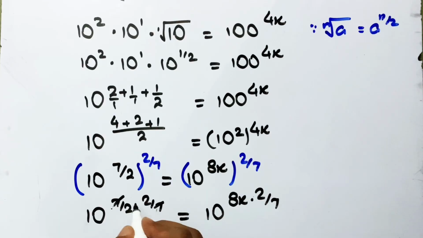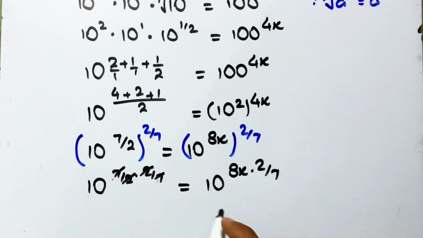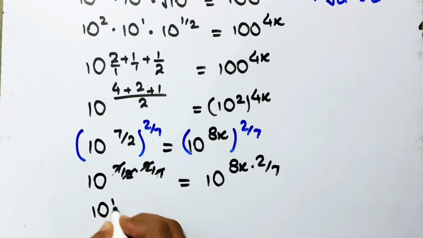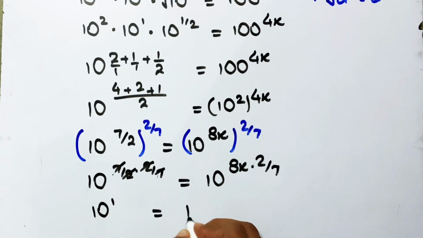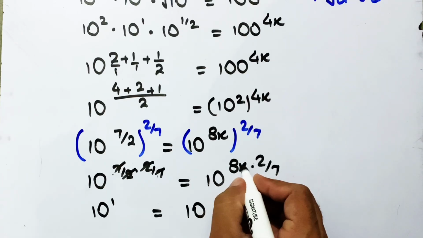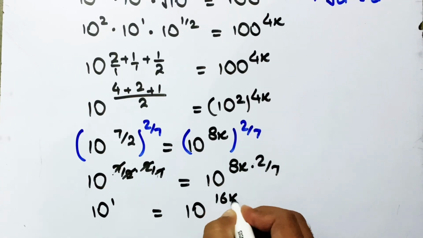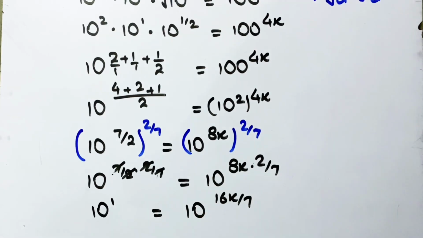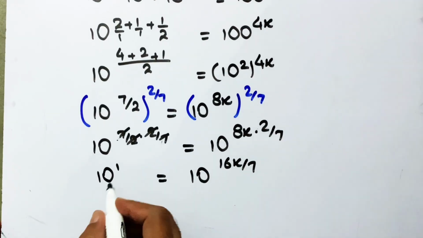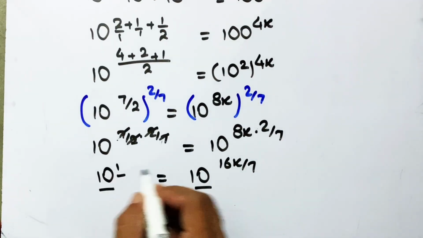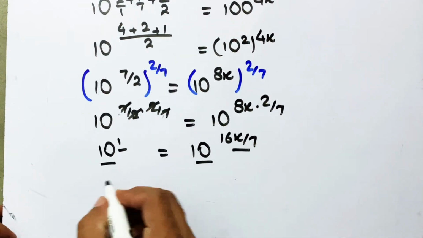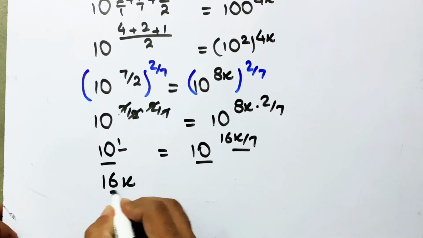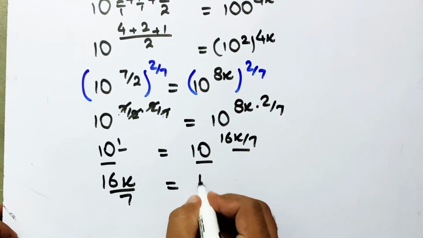The 7 cancels and the 2 cancels, so we get 10 to the power of 1 equals 10 to the power of 16x divided by 7. If the bases are the same, then the powers must also be the same. So 16x divided by 7 equals 1.